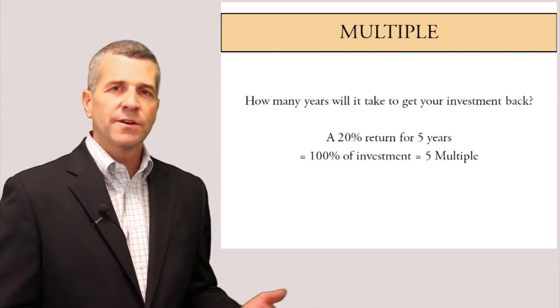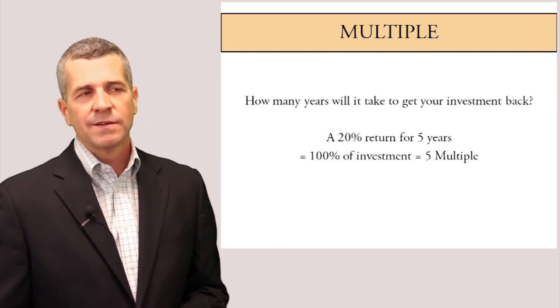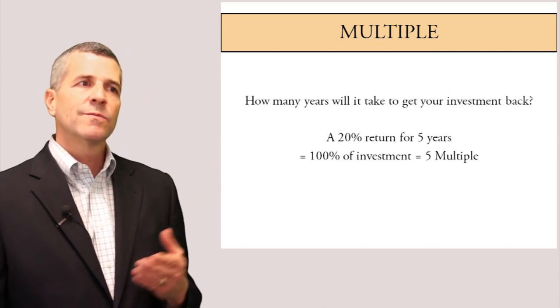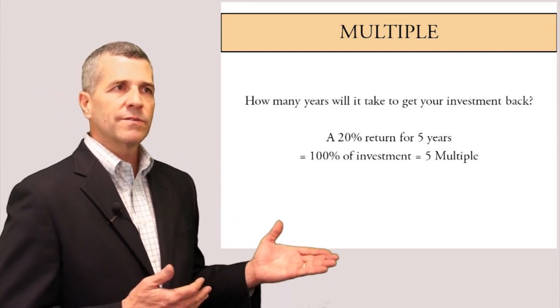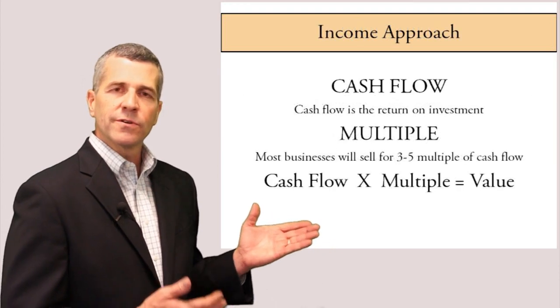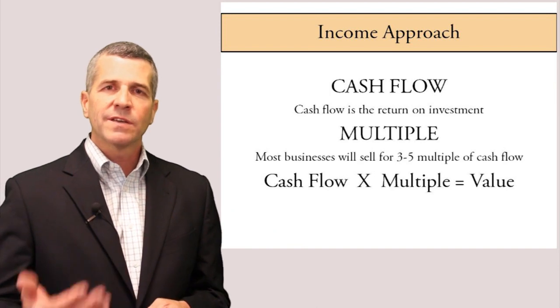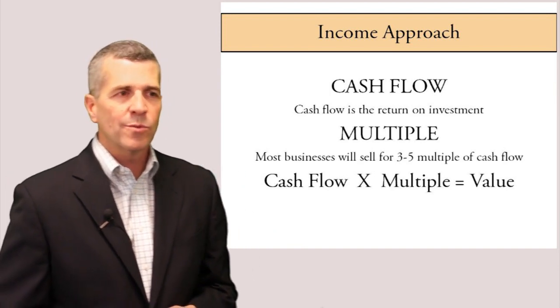If it takes 10 years to get your investment back, then it's a 10 multiple. So you get the idea there. What we need to develop is the cash flow first, the multiple second, which is the rate of return requirement, and then we can get to the value of your business on the income approach.